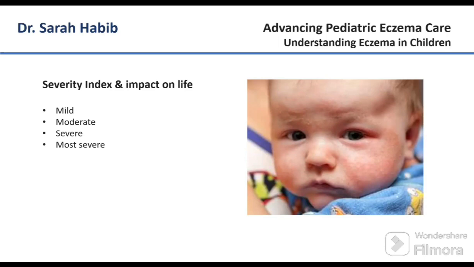When it comes to severe cases, it is 10 to 30% of body area, and in the most severe cases, it is more than 30% of body area. And this severity usually defines the impact on life and our treatment options.